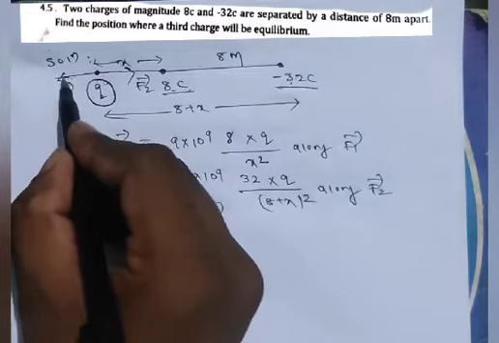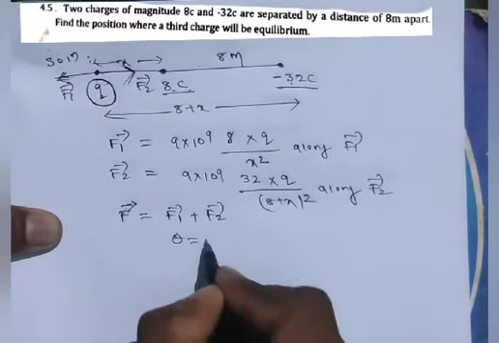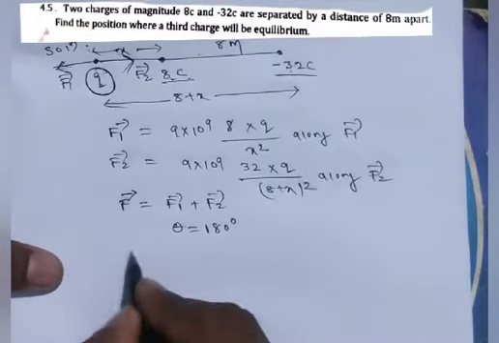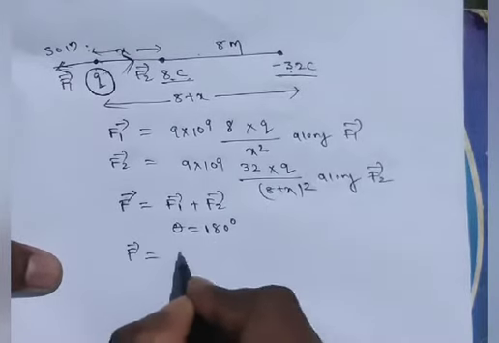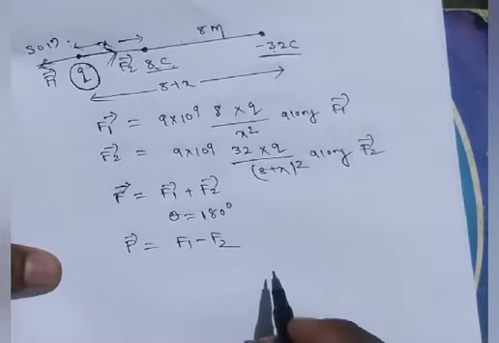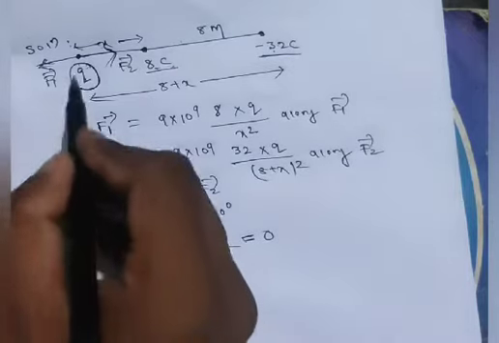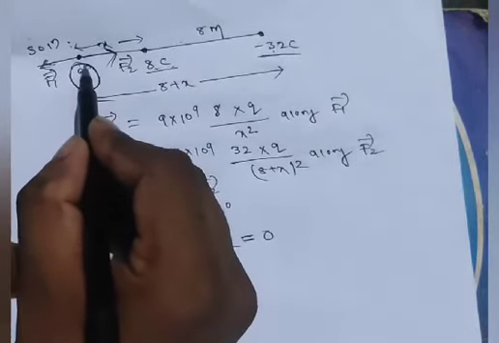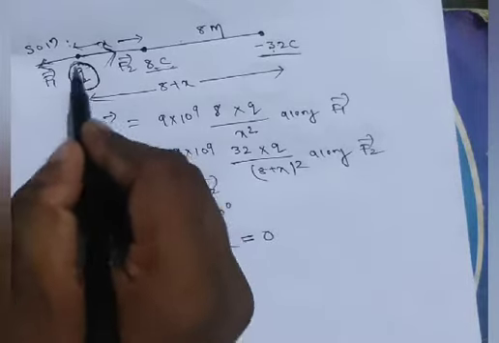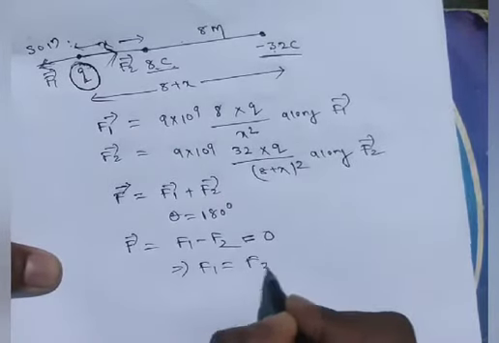See from the figure, F1 and F2 are oppositely directed, so theta should be 180 degrees, and for theta 180 degrees the resultant force will be F1 minus F2, and for equilibrium condition it should be 0, because this charge is in equilibrium only when the net force on this q is 0. So it's simply F1 equal to F2.